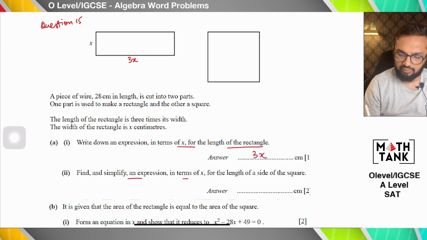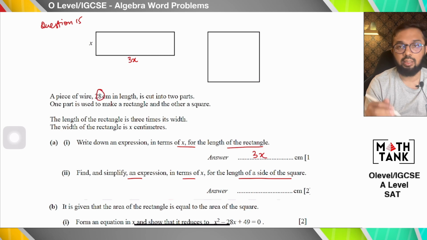Find and simplify an expression in terms of x for the length of the side of a square. So what I have to find out first is, since it doesn't say I've cut it equally, I can't do 14 and 14. I can just say that if I subtract whatever is consumed in the rectangle, there's an x consumed, there's a 3x, there's another x, and there's another 3x, so that's 28 minus 8x together.